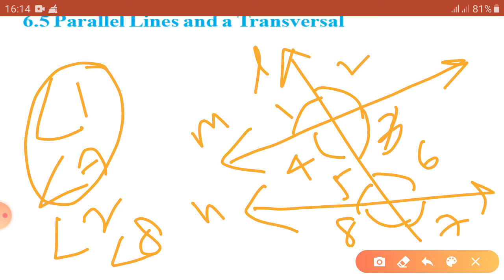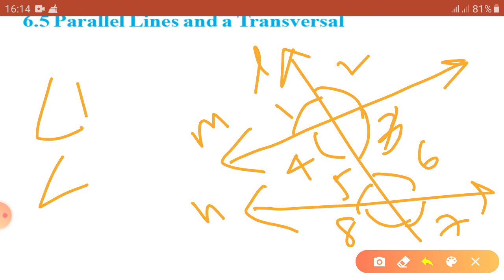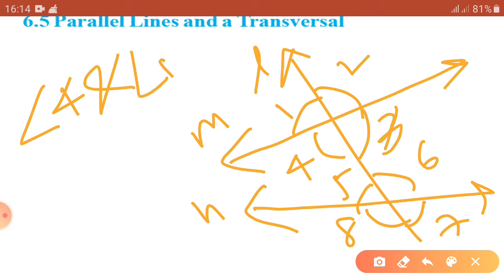Okay, now at last if I am talking about interior angles on the same side of the transversal, then the angles will be angle 4 and angle 5 here.